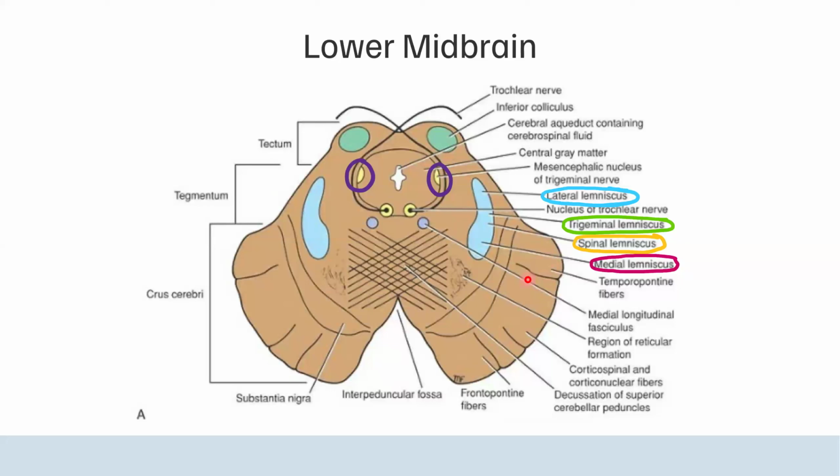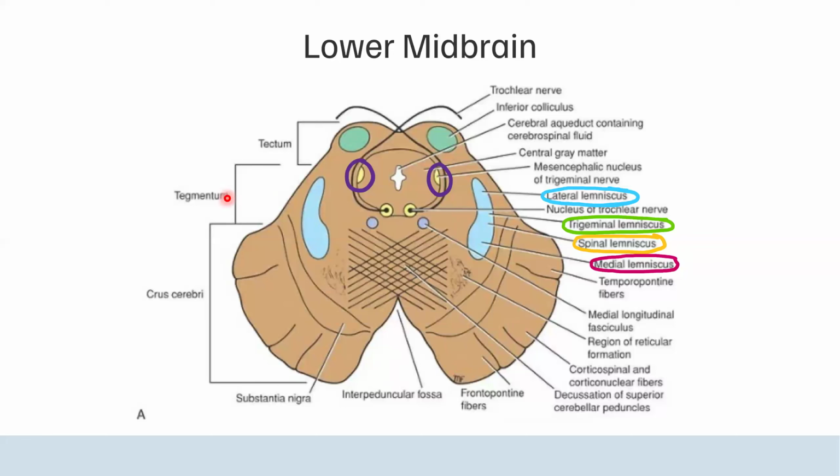So anything you can imagine that is motor, so anything going to the pons to relay and have those corrective signals, as well as the corticospinal and corticonuclear fibers. So temporopontine, frontopontine, corticospinal, and corticonuclear fibers. All of those are going to travel within the crus cerebri.